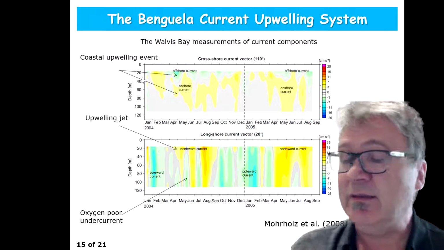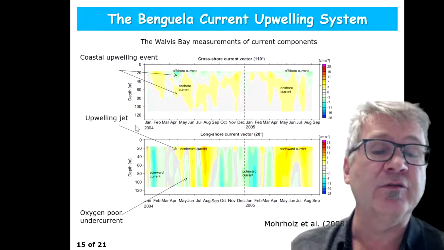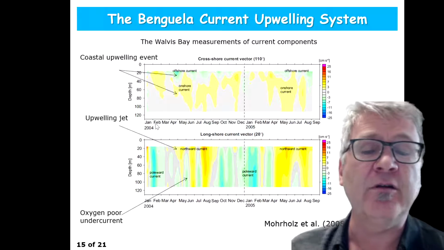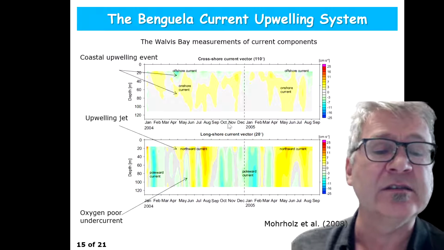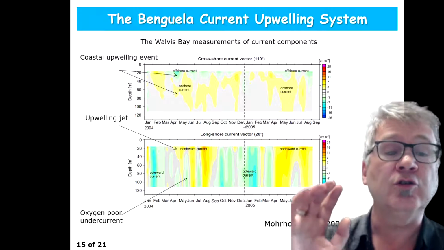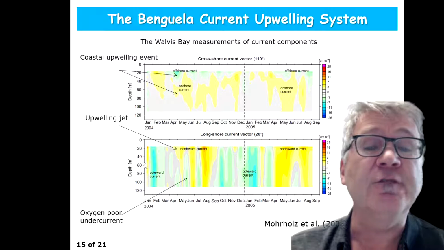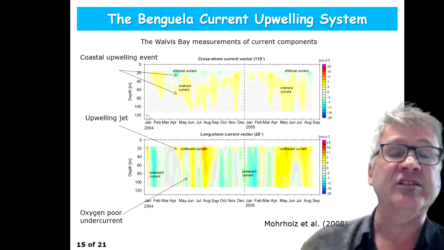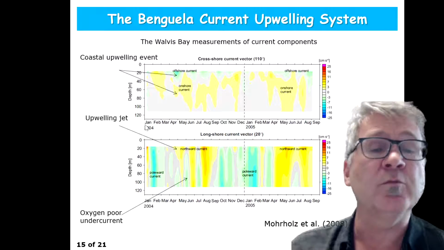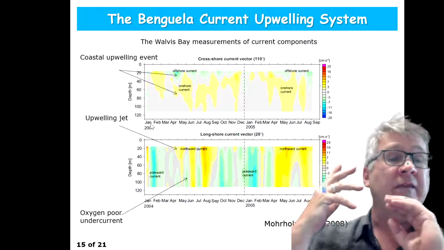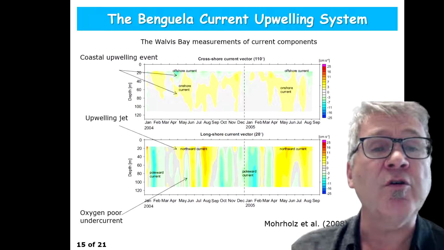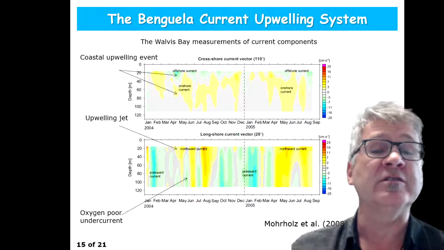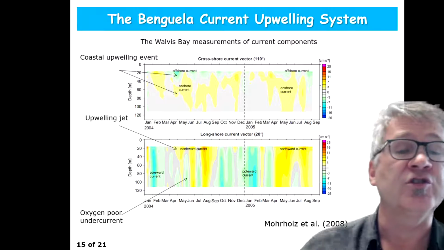You can see here in this top graph, January 2004, February 2004, you get a time series along the x-axis over almost 2 years. And the vertical axis is actually depth. Okay, and what's shown are the measurements of cross-shore current component, whether it's offshore, whether it's onshore.